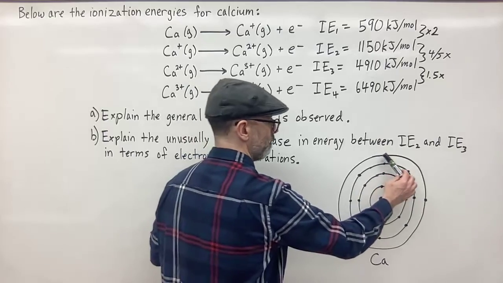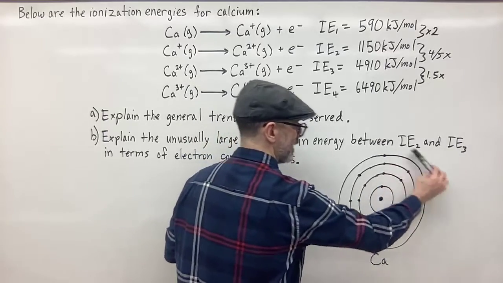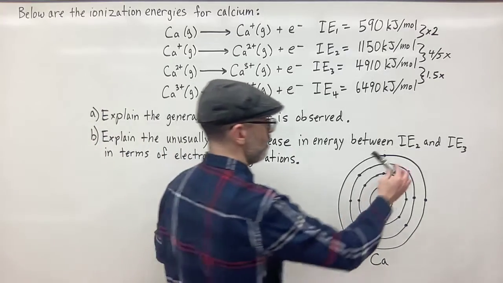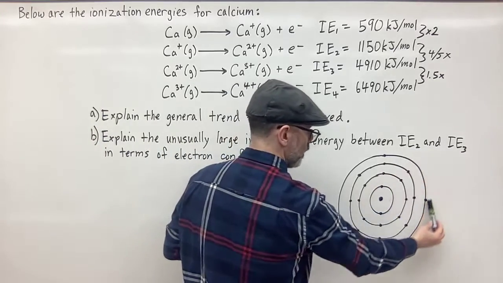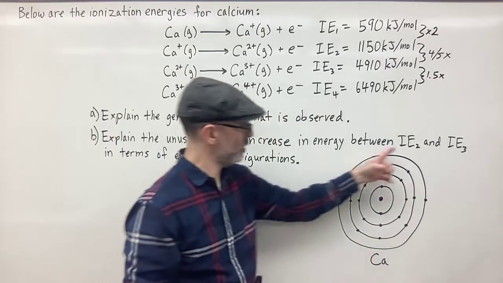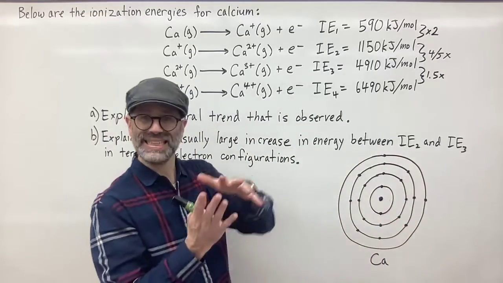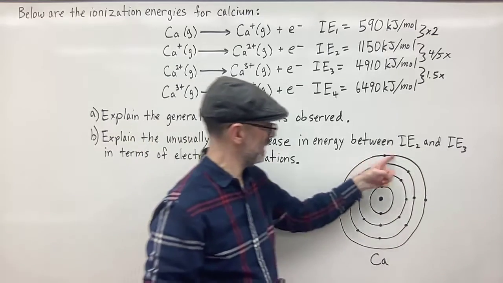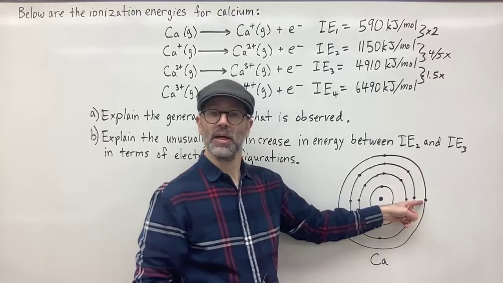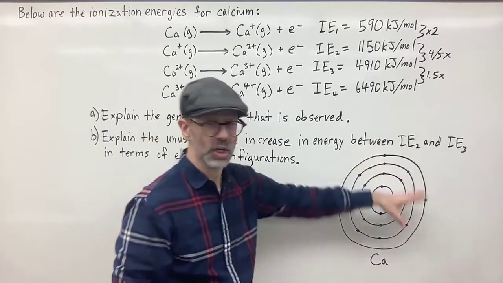And you'll notice that the first 2 electrons are in the valence shell farthest from the nucleus. So because this outer energy level is farther from the nucleus than the others, that distance makes it easier to remove these first 2 electrons compared to the inner ones.